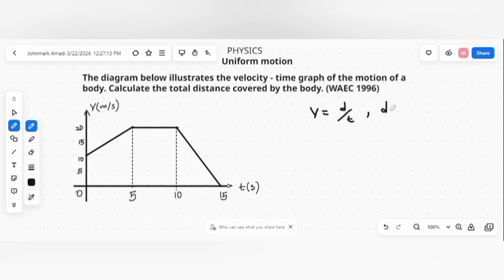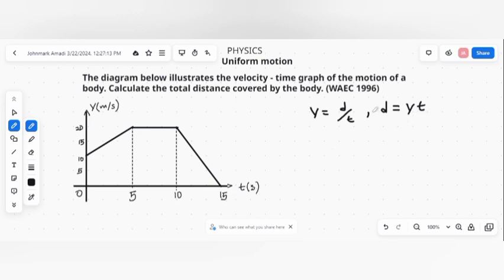So that distance or displacement can be written as velocity times what? Time. Velocity times time. So what does this mean? It means that if you take the square portion of this graph here, and you do length times breadth, your length times breadth will be velocity times time, which will give you distance.